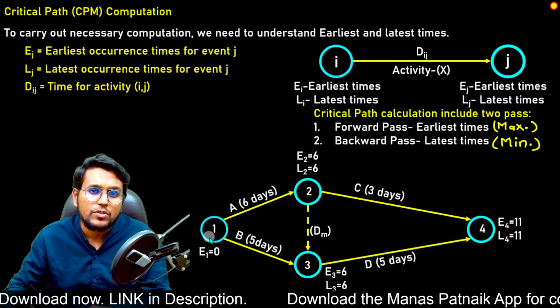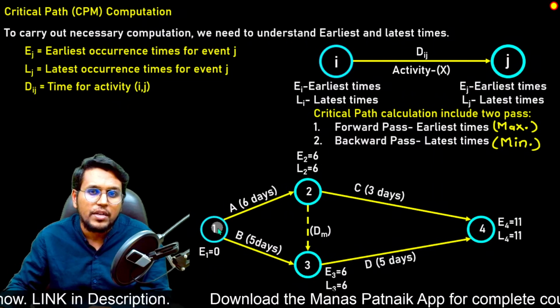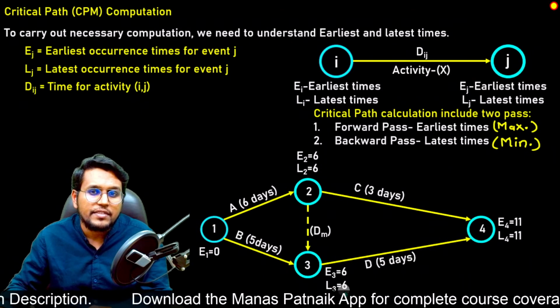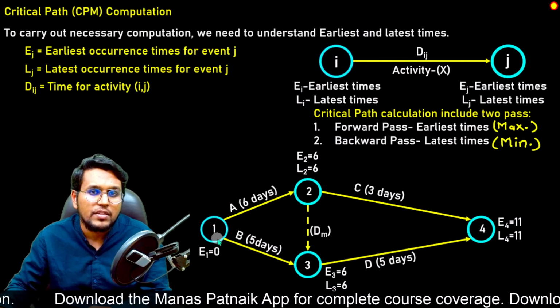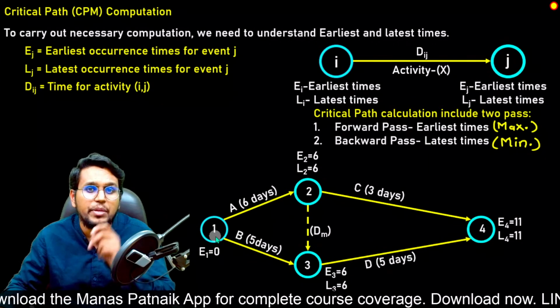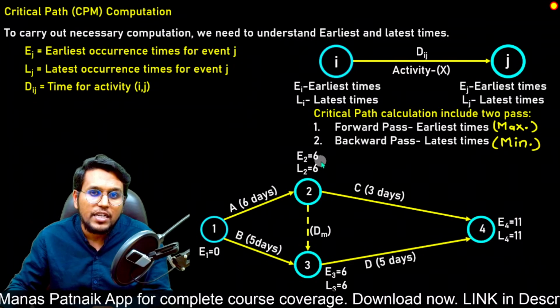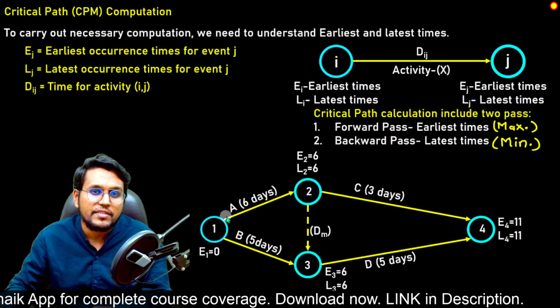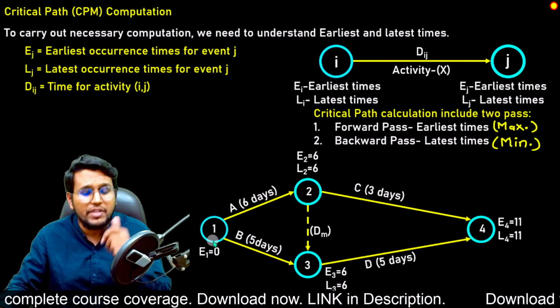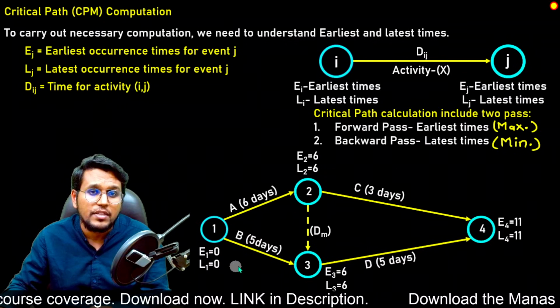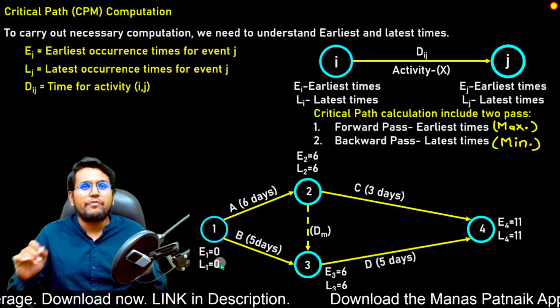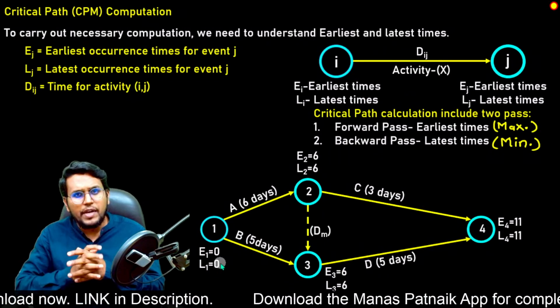So L2 is 6 here. Now let us get back to L1. Here again, L3 is 6. 6 minus 5 is 1. So L1 can be 1, or L2 is 6, and 6 minus 6 is 0. So whichever is minimum we will take. So automatically L1 is 0. Now we have found all the earliest and latest values.